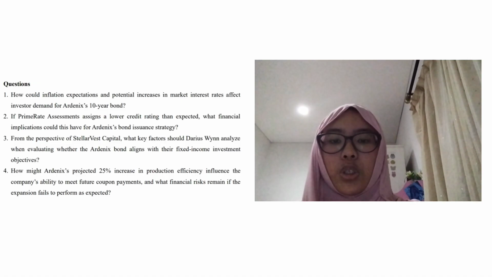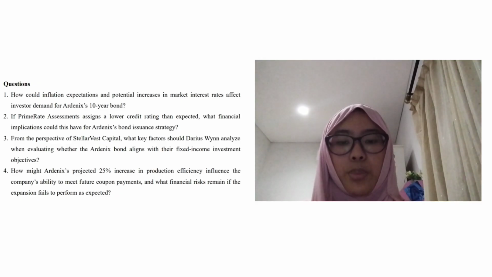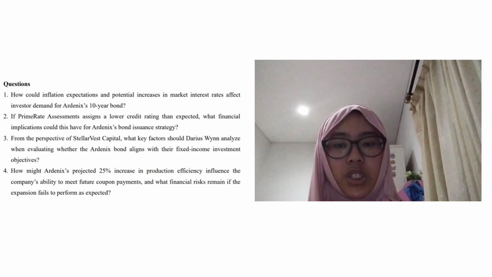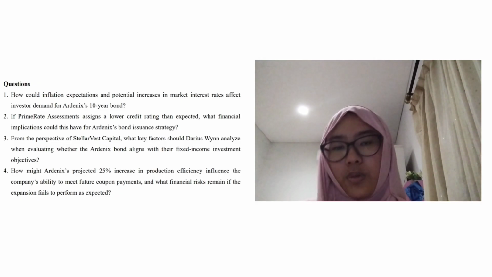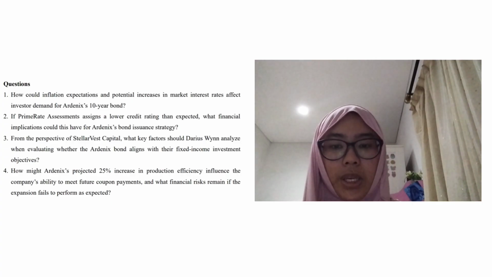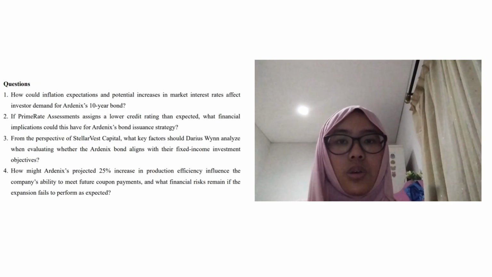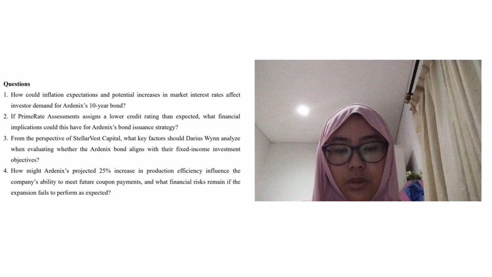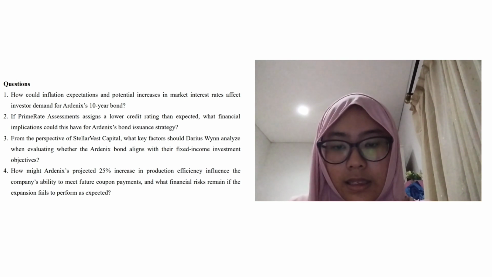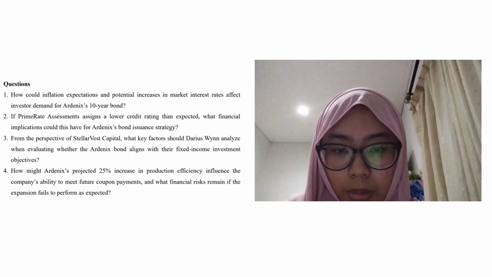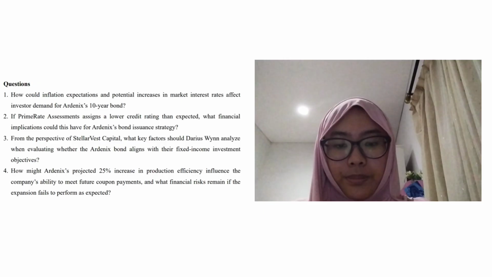So if the expansion project fails to generate the projected 25% efficiency increase, the company may struggle to service these payments, especially if they had to issue more debt than expected to compensate for the discount. And that is question number 3.